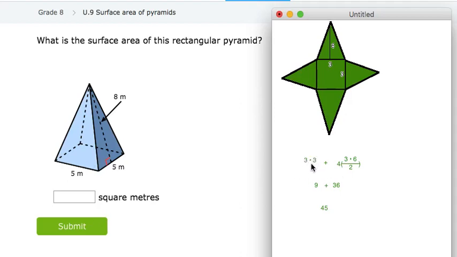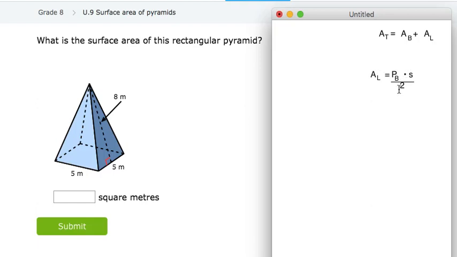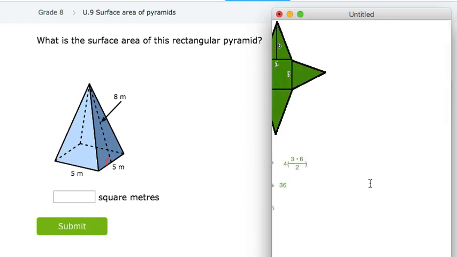It just depends on what you're dealing with. Plus the lateral area is always perimeter of the base times the slant height, because that height of that triangle, that's your slant height. So your formula here for lateral area, that's all the triangles together, is always perimeter of the base times the slant height divided by 2.